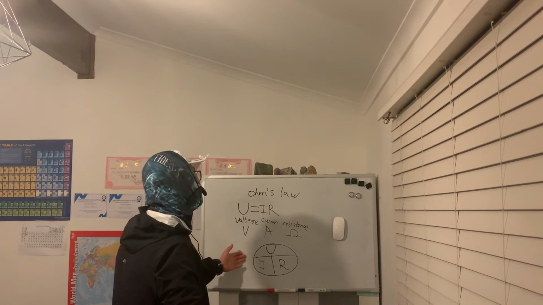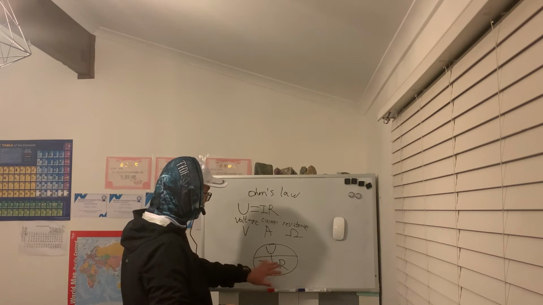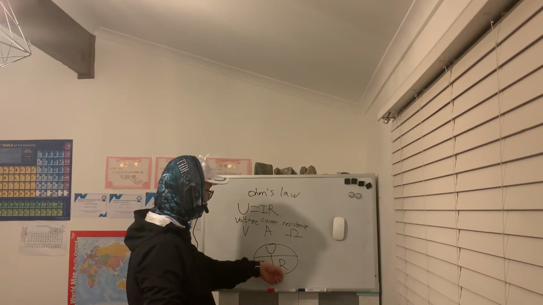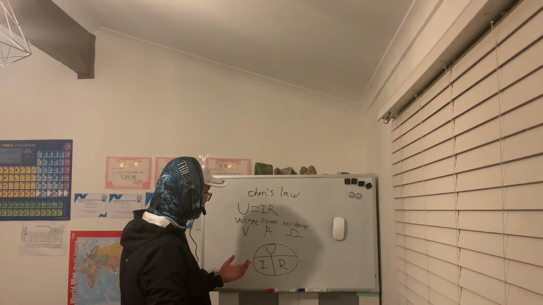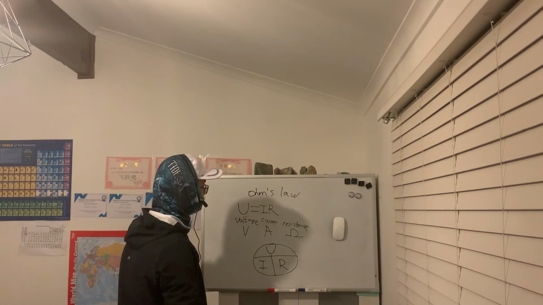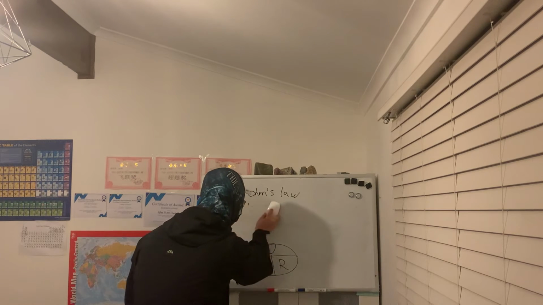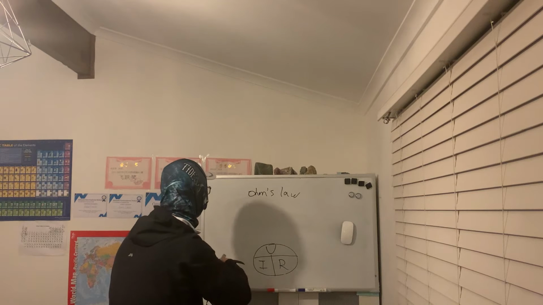Then what it is basically saying is the bottom two multiplied together give the top one. I times R equals U. And now let's do some practice. I think you all got this. I'm gonna leave the Ohm circle here in case you forget.